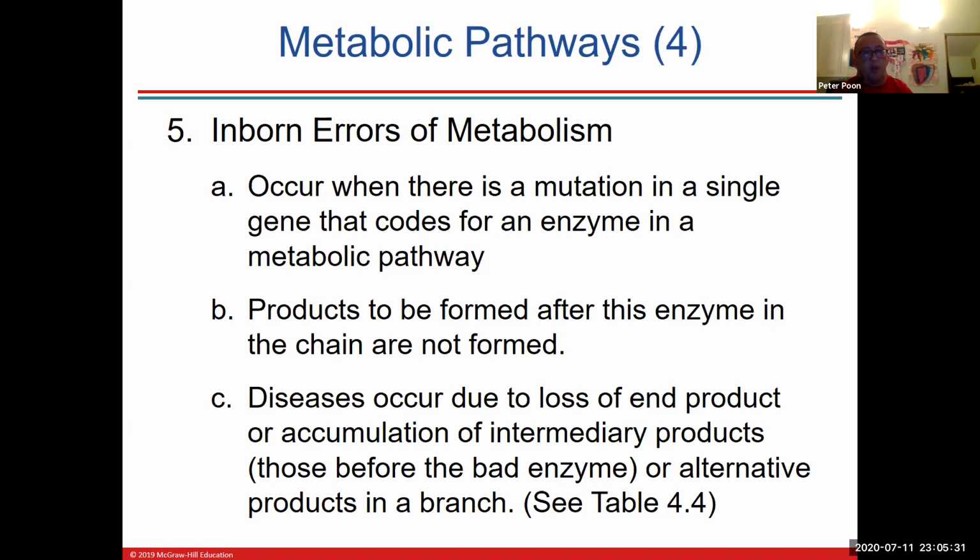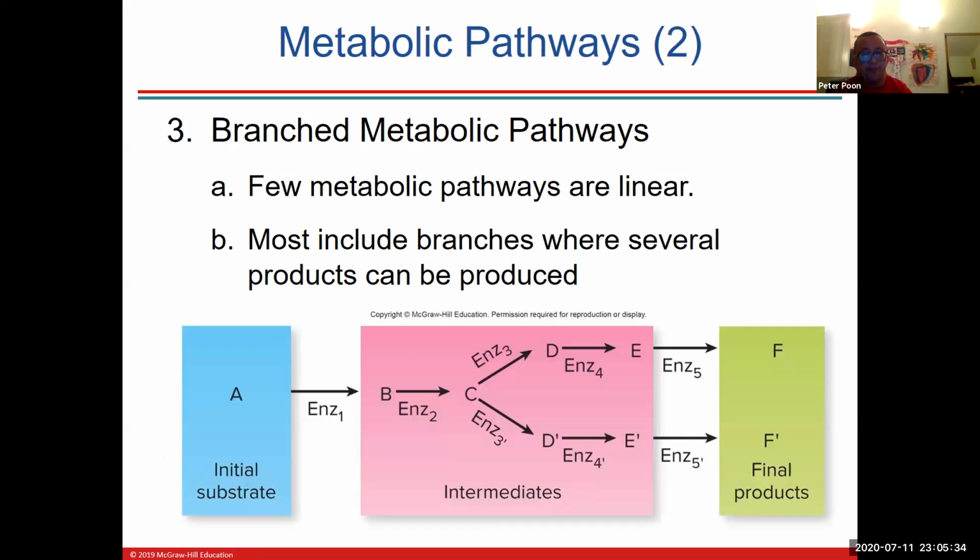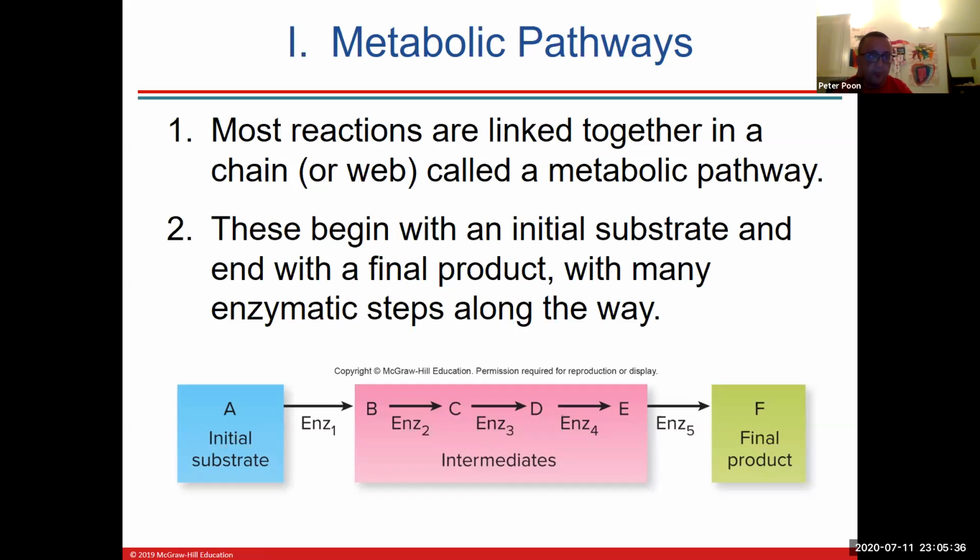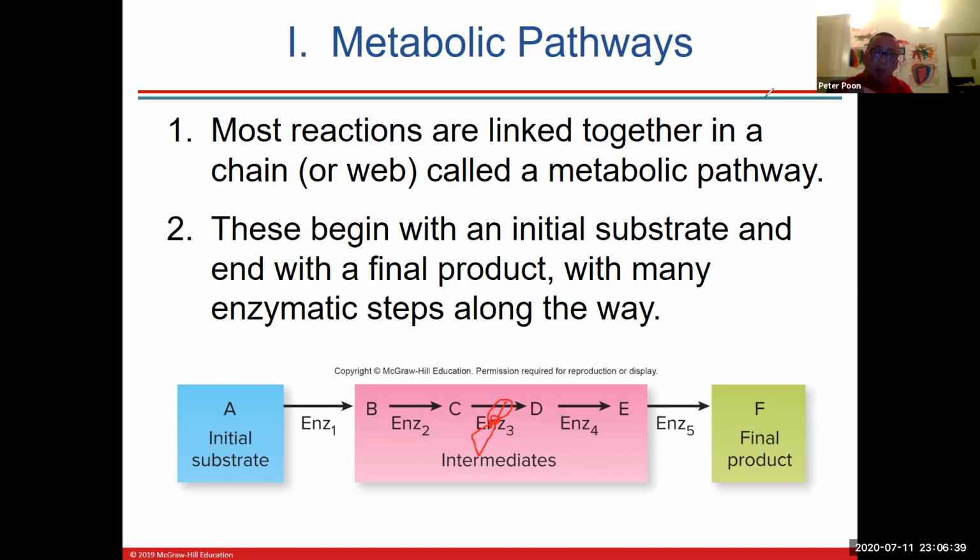Let me show you a simple pathway first. Here's my pathway. If I'm missing enzyme number 3, for example, if I delete enzyme number 3 that I'm showing here, what do you think I will see?